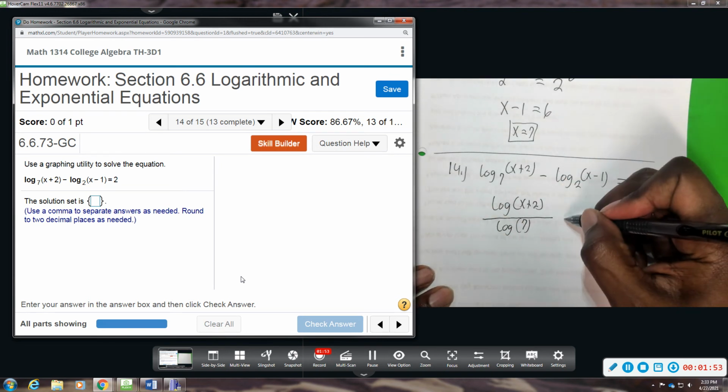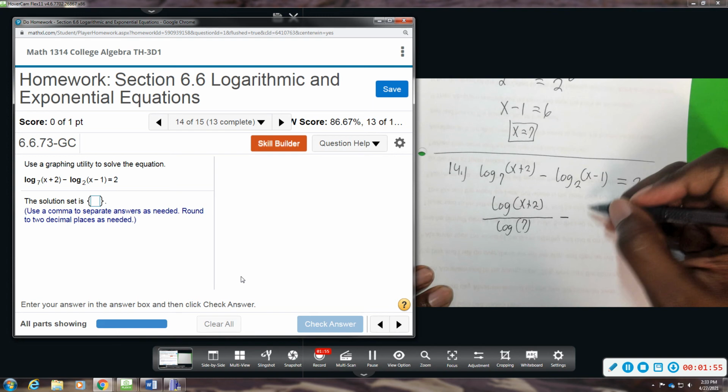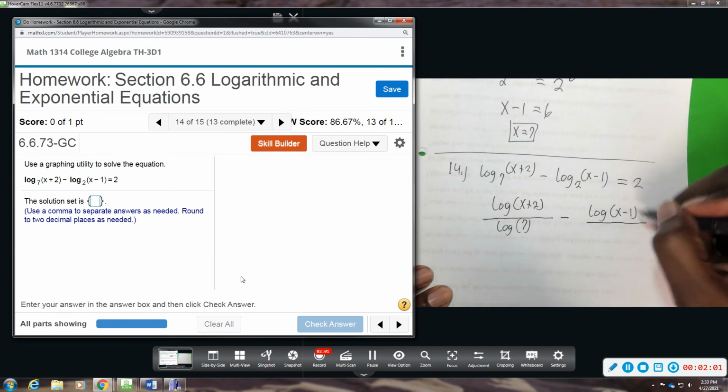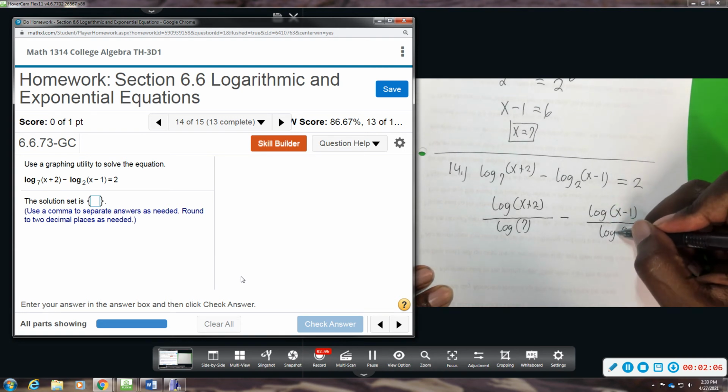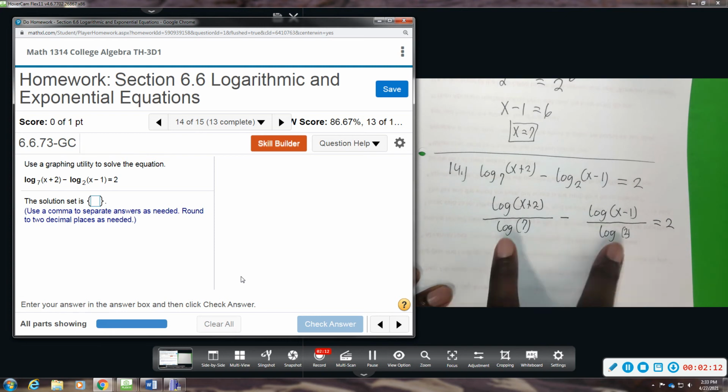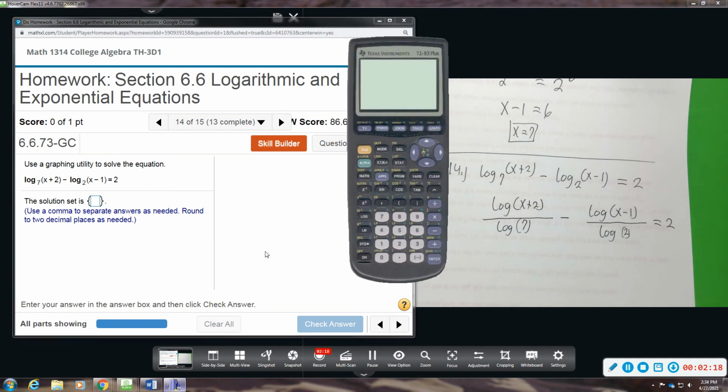Then minus, and same thing over here, log of x minus 1 on top over log of 2 on the bottom. All right, and then that is equal to 2. So once we do this, we have two sides of equations. These are going to be two equations in our calculator. So I'm going to go over to the calculator now and show you.